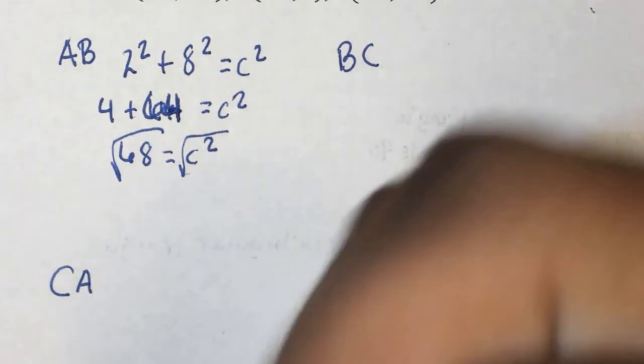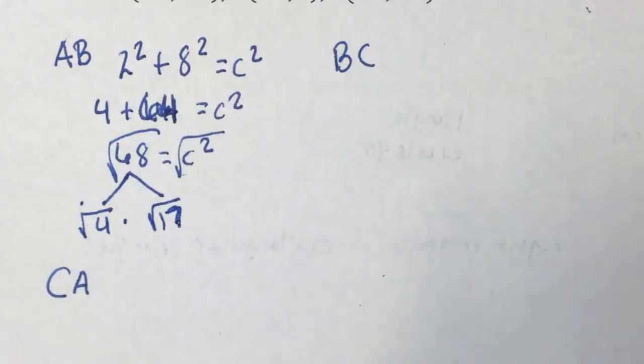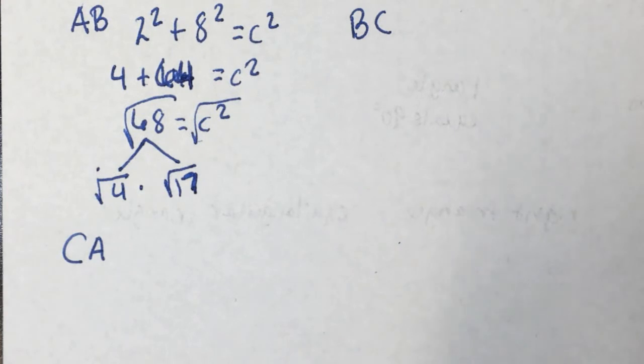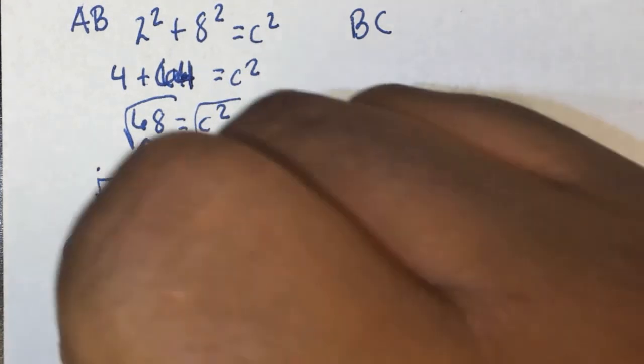So I said the breakdown was 4 and 17. So under the radical, we're going to have the square root of 4 and the square root of 17. What's the square root of 4? 2. So we can bring that out. So it'll be 2 square root 17, right?